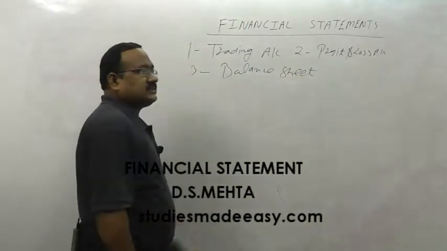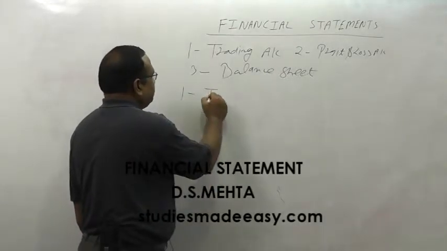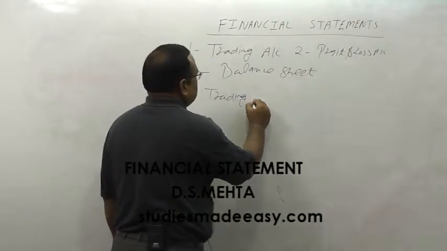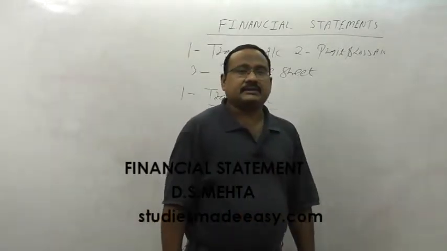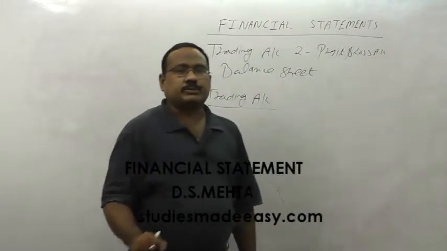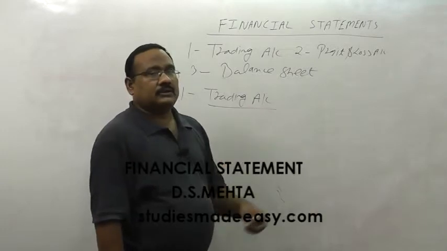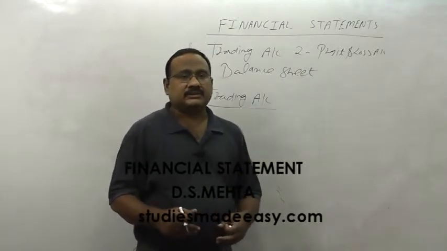Now the first is trading account. Trading account is prepared to know the gross profit or gross loss of the business. It is prepared to ascertain the gross profit or gross loss of the business.